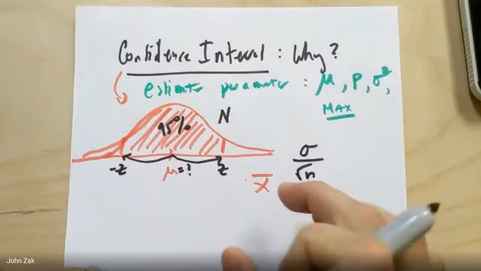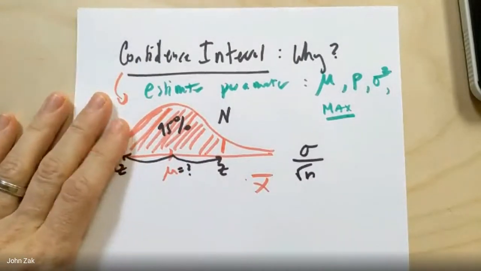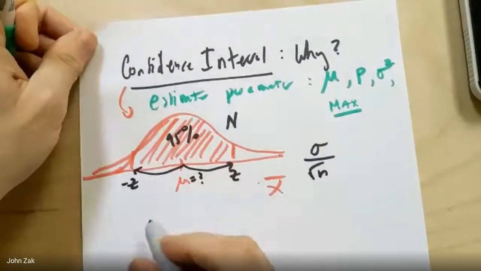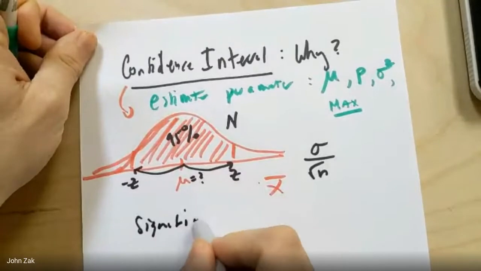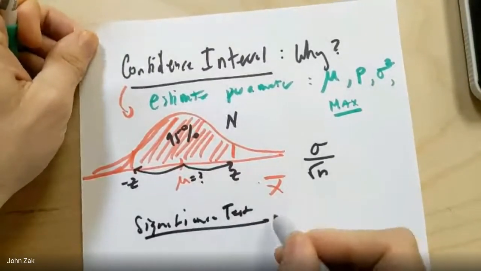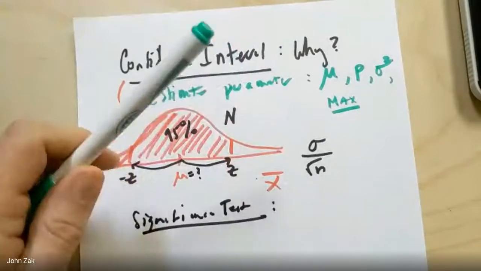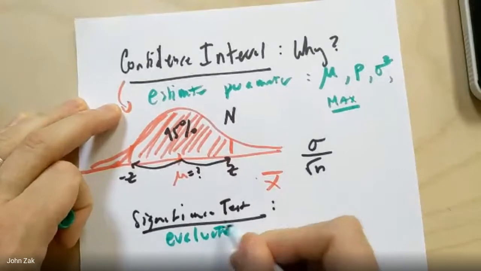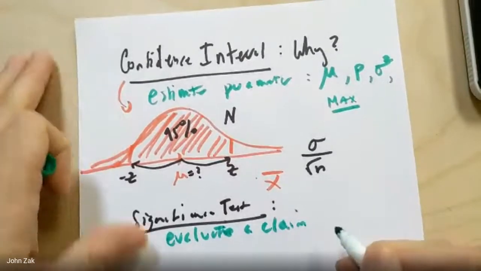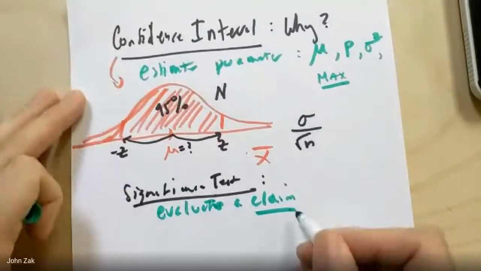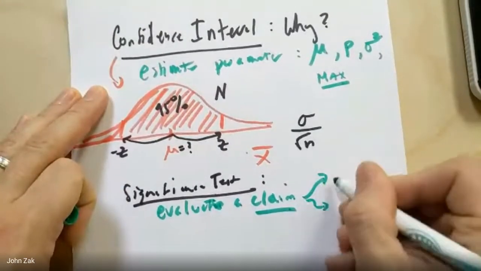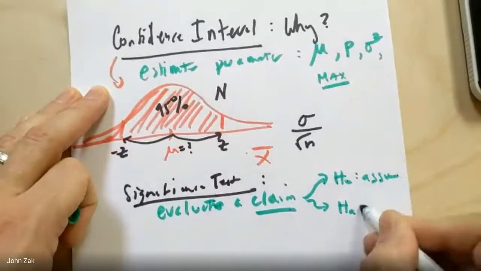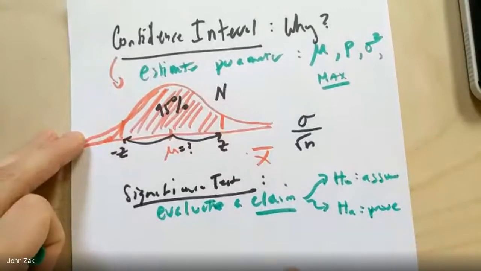Now, when we're doing a significance test, our goal is something different. Our goal for a significance test is not to estimate a parameter, but to evaluate a claim about a parameter, right? And so these claims get turned into hypotheses where there's some null hypothesis that we're going to assume is true, and there's some alternative that we're going to try to prove is true, right?